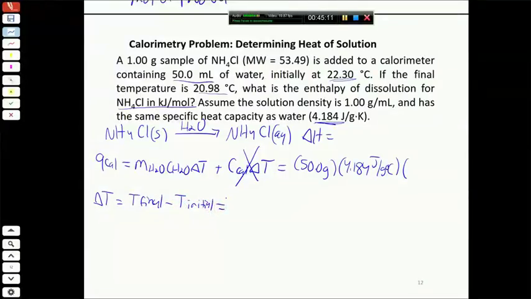So we have to make sure we do these in the right order. The final temperature is 20.98, which is smaller than the initial, so our delta T is going to be negative. And the exact value is negative 1.32. And so that means this heat term here is going to be minus 276 joules.